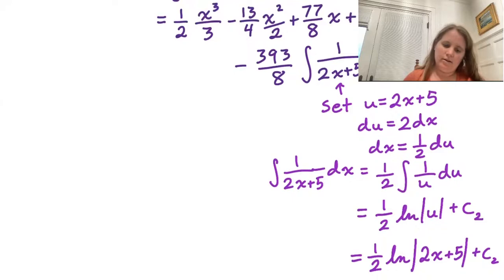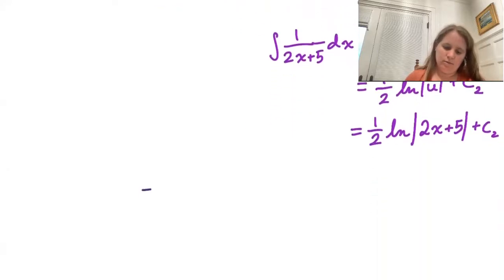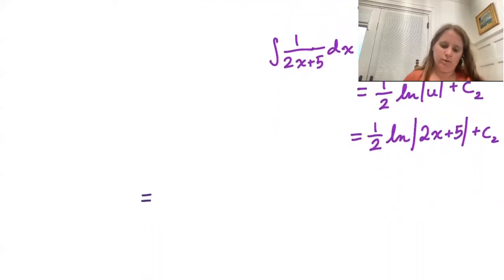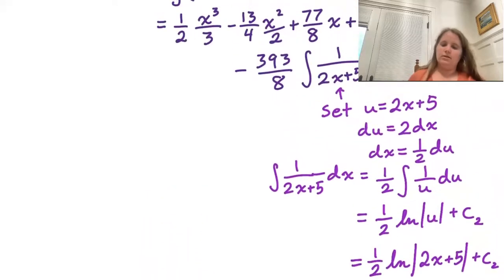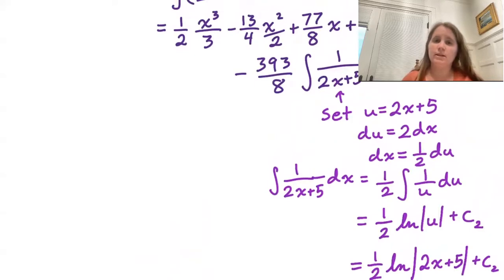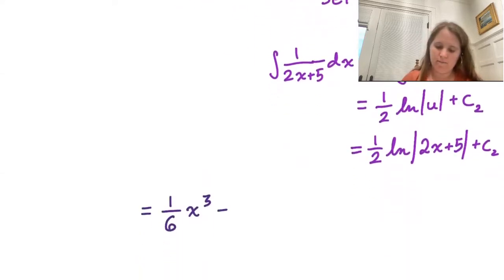We had that our integral was equal to 1/2 times x cubed over 3 would be 1/6 x cubed. Then we had minus 13/4 times x squared over 2 would be minus 13/8 x squared.